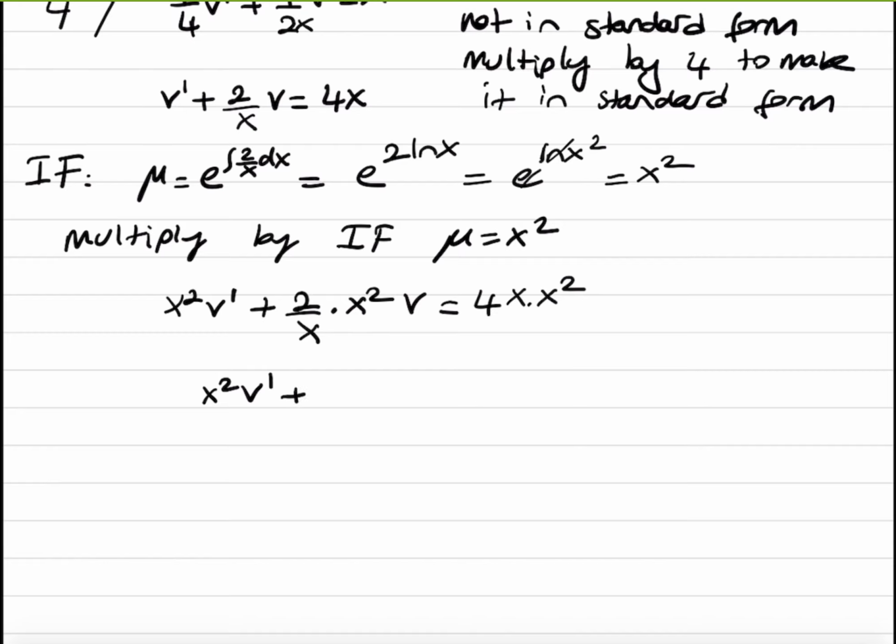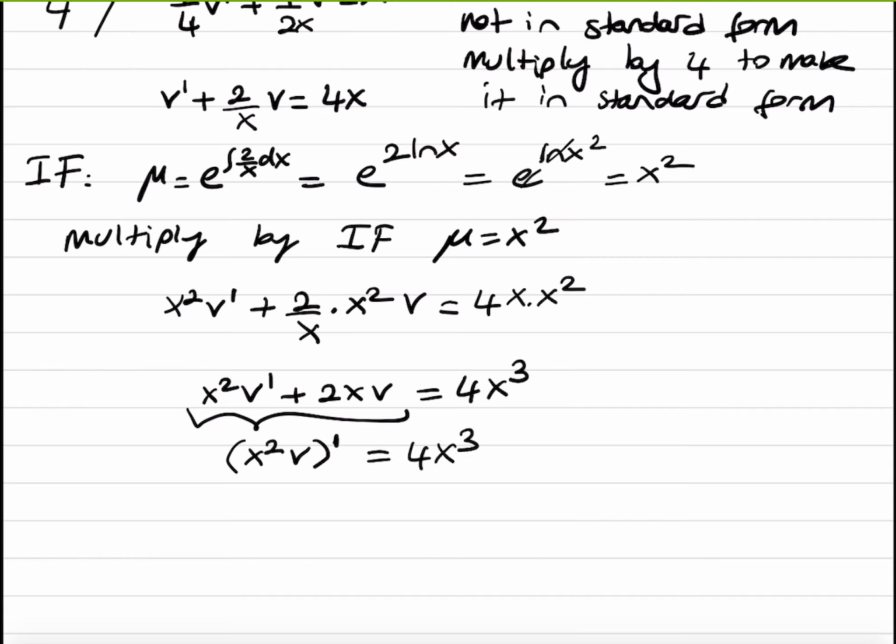So we have x squared v prime plus 2xv is equal to 4x cubed, and this is the derivative of x squared times v, which is equal to 4x cubed. And to find v, we just integrate, so x squared times v is equal to 4x to the power 4 over 4 plus c. So x squared v is equal to x to the power 4 plus c.